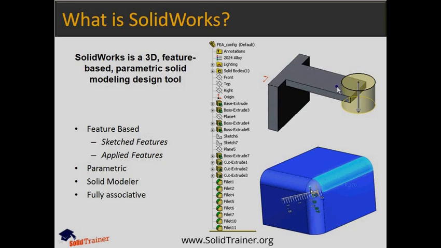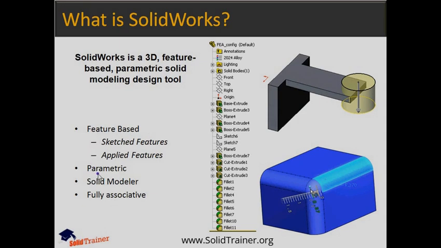The circle is the sketch for the cylinder. Applied features are those features that are directly applied to the 3D model and do not require sketches to be made. The fillet and the chamfer commands are a very good example of the applied features, wherein the commands are directly applied to the edges of the 3D model.